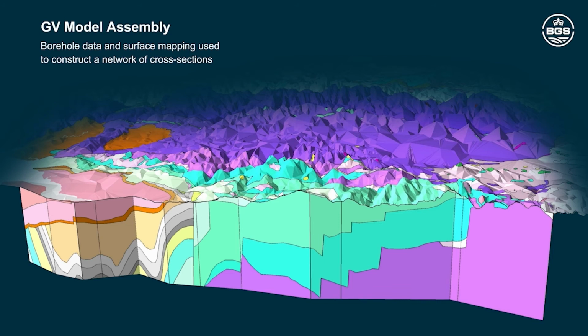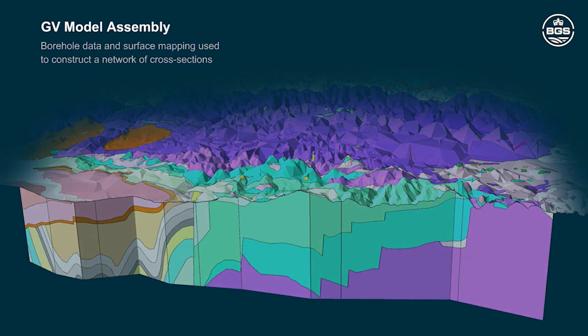It's a complex process, as to produce an accurate interpretation you need to fully understand how the geology formed, as well as the processes that have shaped it through time.